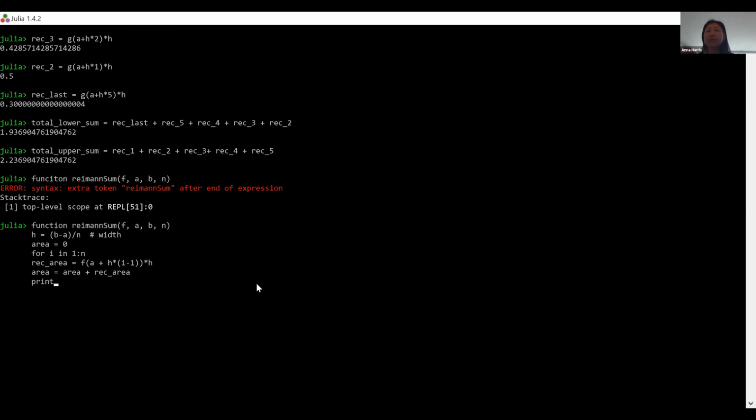Let's print this. So what does it give me? By the way, this is what you're going to do on your semester project. Print stuff so you can see what's going on, whether you're making a mistake or not. The print is kind of like debugging.